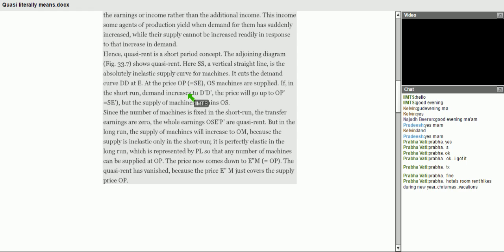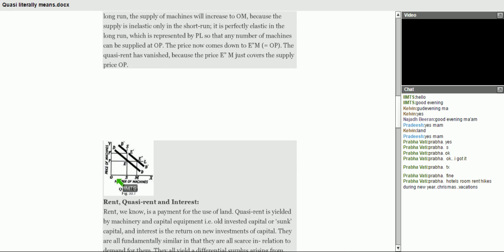So if in the short run the demand increases to D dash, the price will go to OP dash, but the supply of machines remains at OS. Let us see. This is OS, the number of machines. This SS is the supply curve. This DD is the demand curve. Now suppose the demand for machines has gone up to this level, D dash.